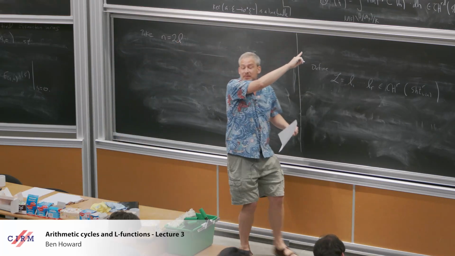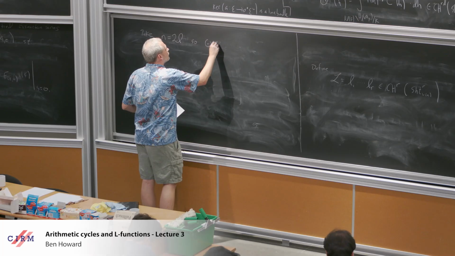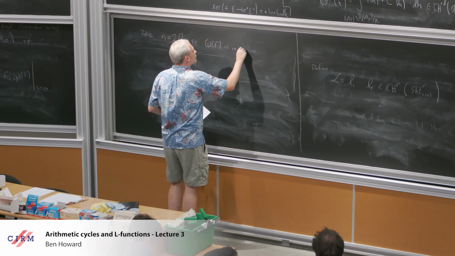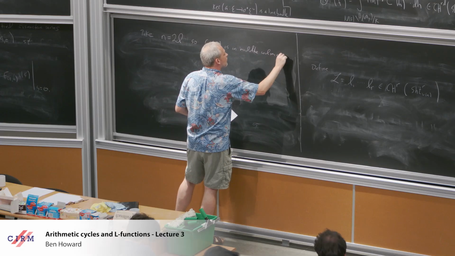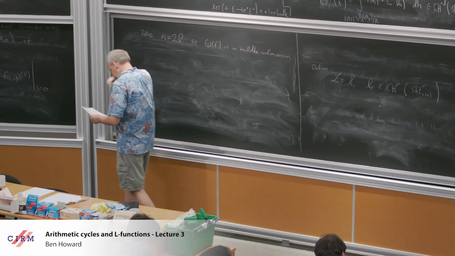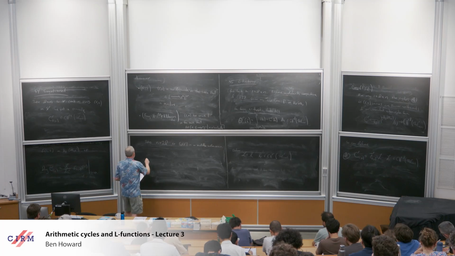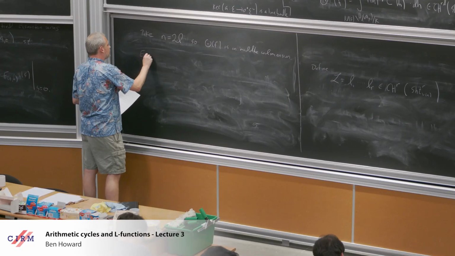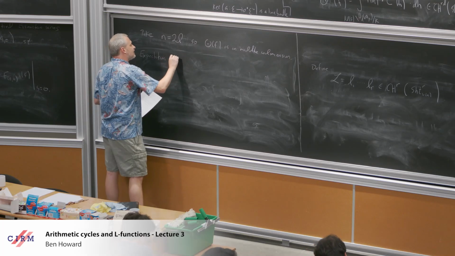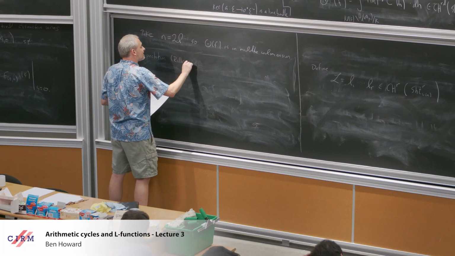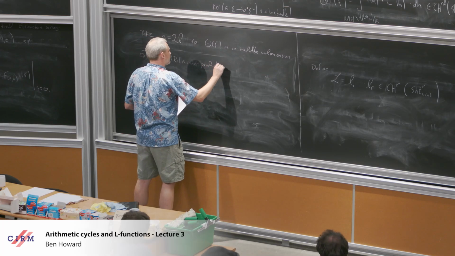So these cycles are in middle codimension. The expectation. So this is the Rallis inner product formula, which I wanted to talk about last time.